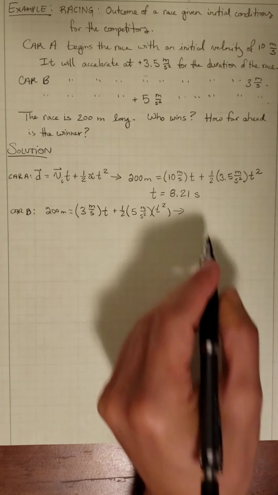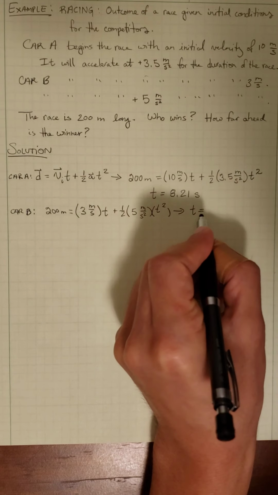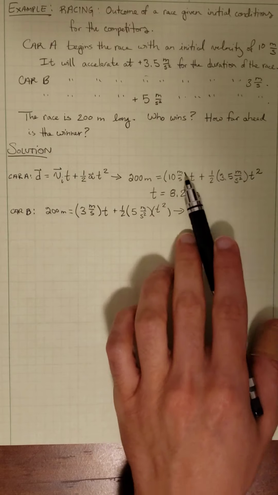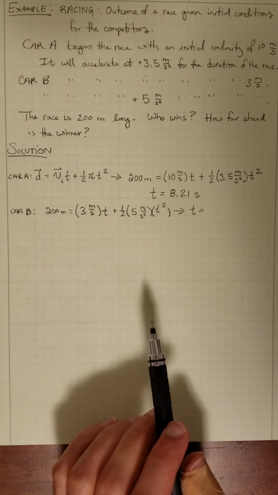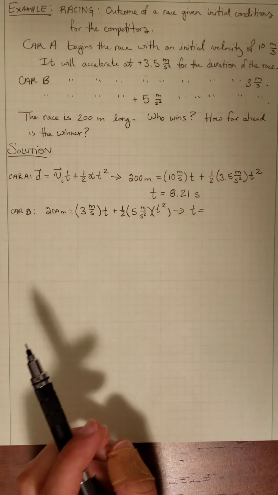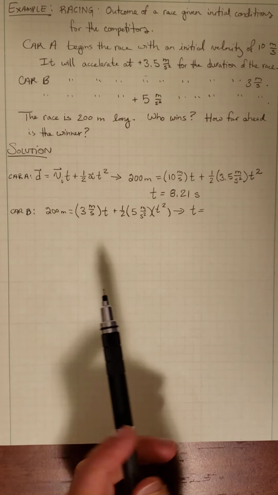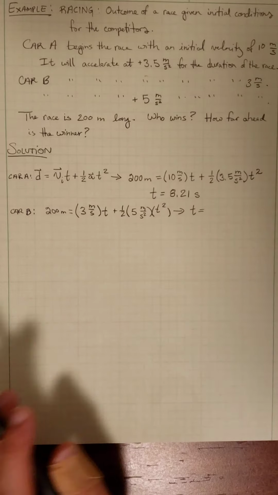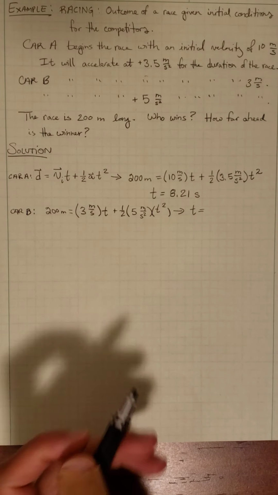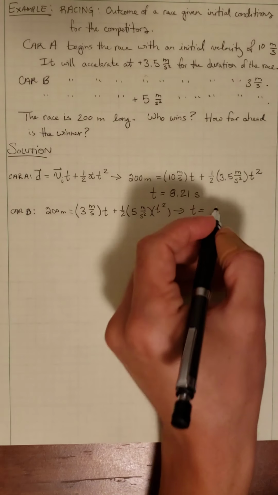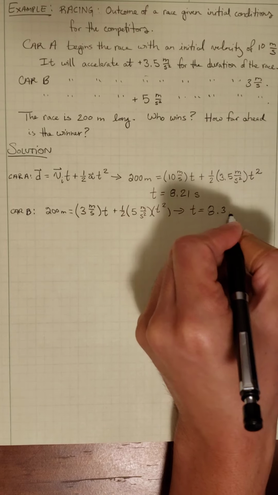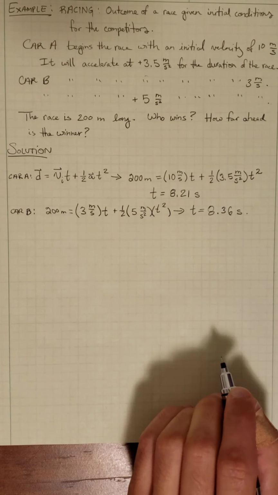That gives us t equals, again, following the same procedure as before. If you're interested in actually solving that the old-fashioned way, you're welcome to look up how to solve a quadratic equation, the quadratic formula, and plug that all in and get it. But the same way, this gives you the answer, t equals 8.36 seconds.